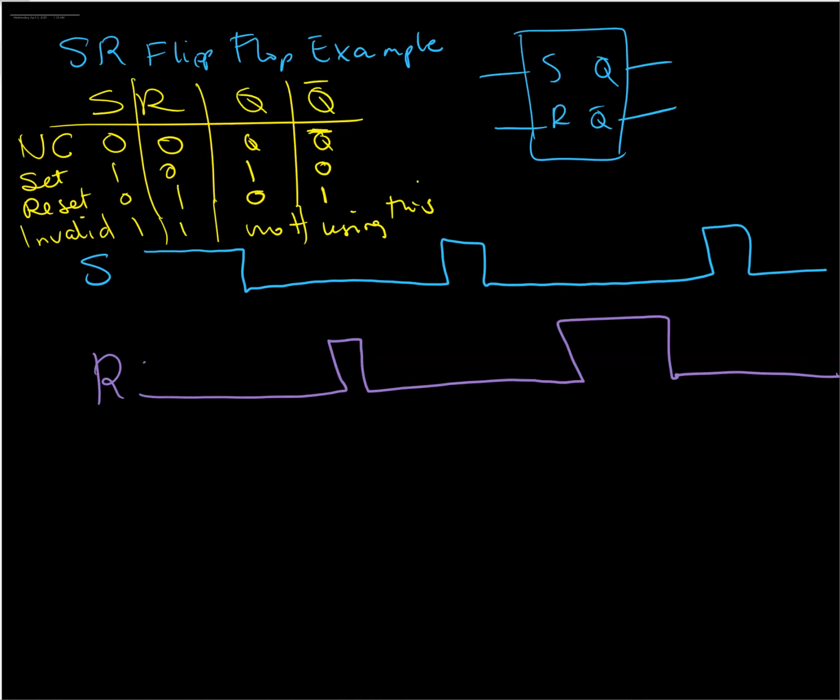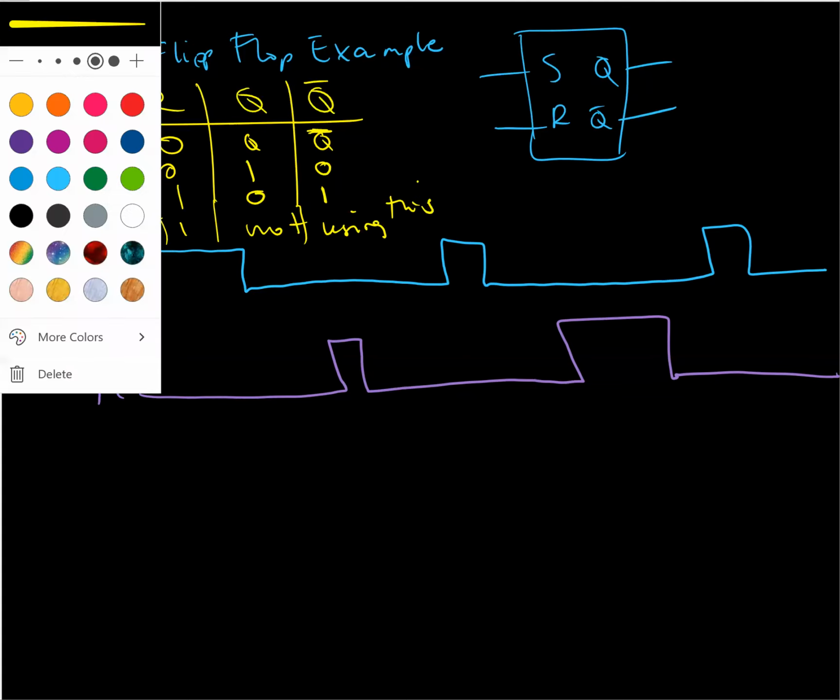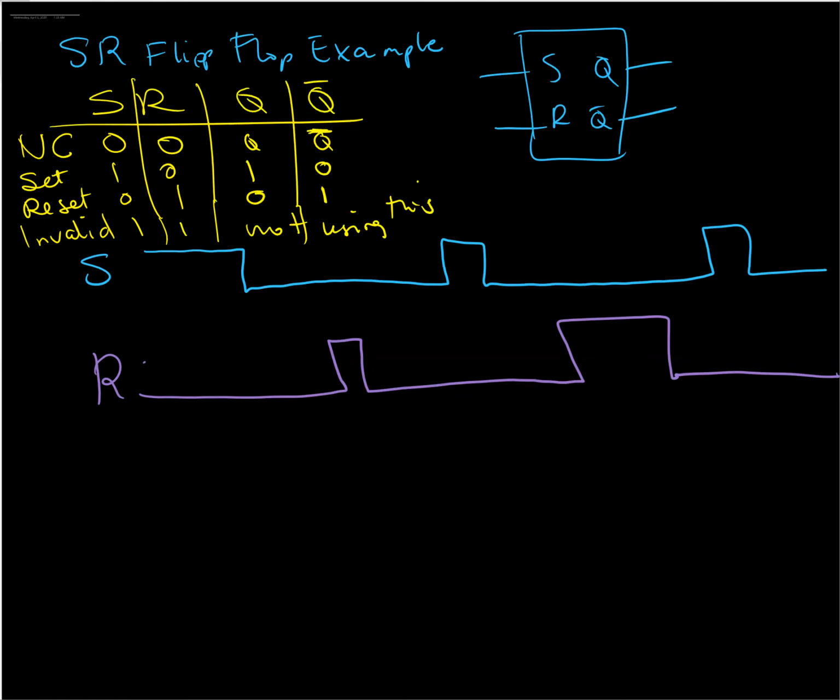Okay. Now I've drawn the SR timing on the screen, and this is the example that we did in our live class, but I've just hand drawn it here. The first thing you would do when looking at this example, so we've got S and R, it's a timing diagram, so we can see that their value is changing with time as we go left to right. And what we want to do vertically is align or segment the timing diagram into where S and R, either one of them, change state.